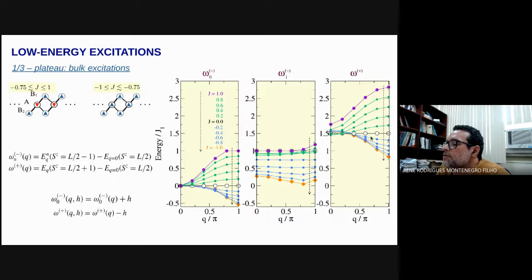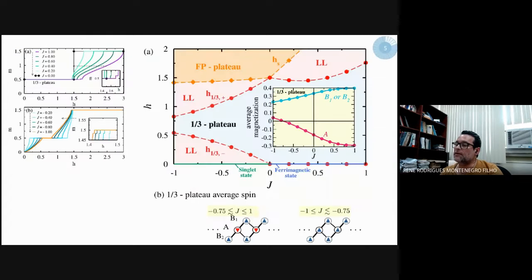All the excitations become flat. For negative values of J, this excitation is unstable, and it is associated with the range of J values in which the ground state in zero magnetic field is the singlet state.